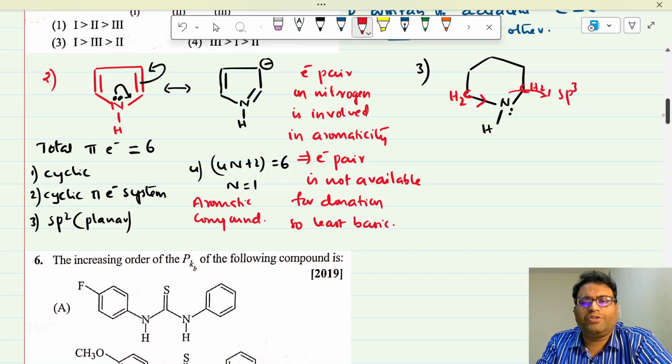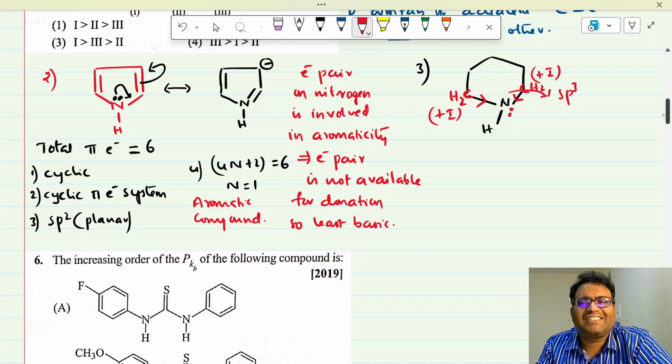From both sides it is donating. This has plus I character, and this CH2 on the right side also has plus I character. From both sides it is donating, so the lone pair of electrons on nitrogen increases. Electron density increases, and the availability of the lone pair increases. So when availability is increased, it is able to donate that lone pair.